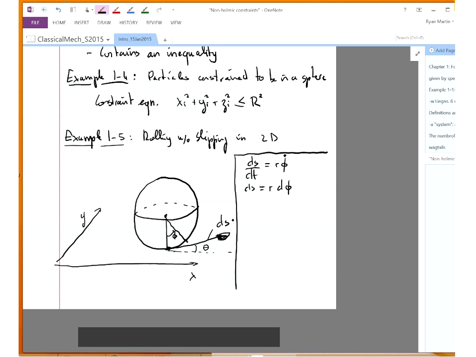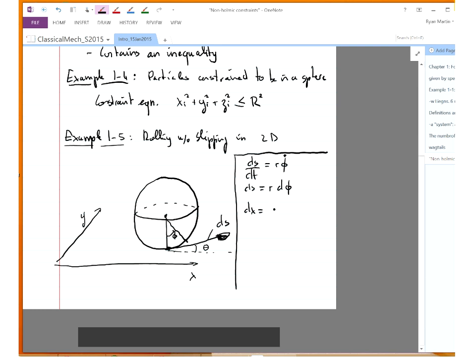So specifying ds doesn't tell us anything about the position of the sphere. So this ds equals r d phi, or s equals r phi, easily integrates. That still doesn't give us an equation that relates coordinates. It doesn't relate x and y, which does describe where the sphere is, to phi. So you can't integrate this because along that axis it's one-dimensional motion. This doesn't tell us which way ds is pointing. We need to know which way ds is pointing.